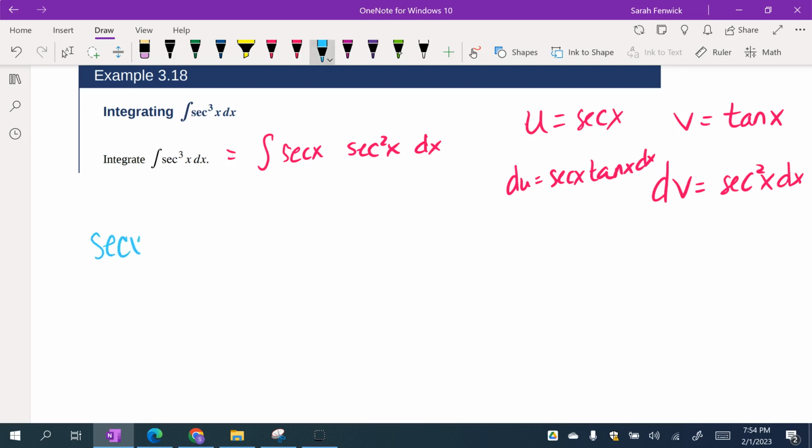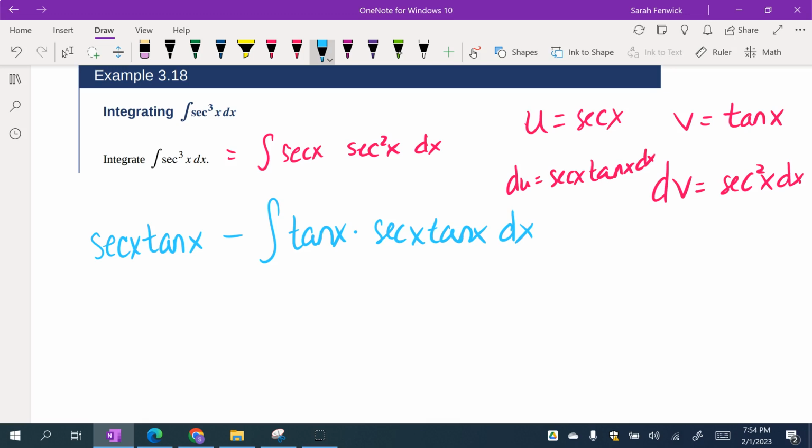So we have secant x tan x minus the integral of v du, whoops, I did that backwards, v du, not dv: tan x times du, which is secant x tan x dx.